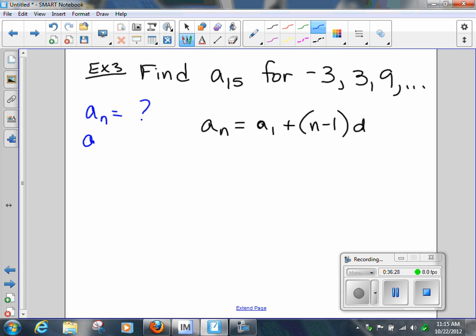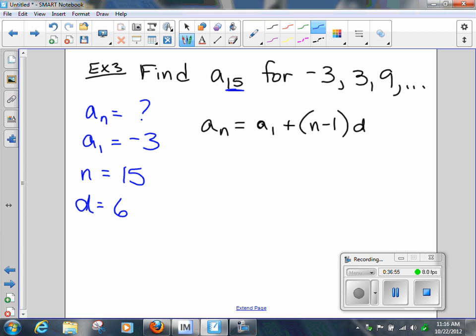Going straight down the formula, do I know what my a sub 1 is? That's my first term. What's my first term? Negative 3. Do I know my n? How many terms? 15. And do I know my difference? 6.